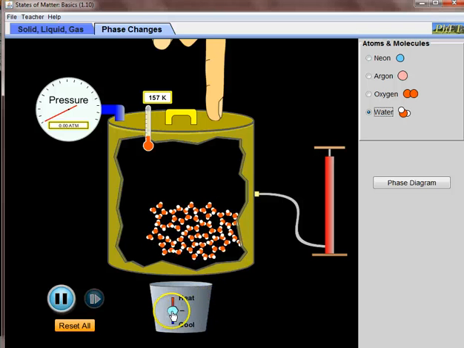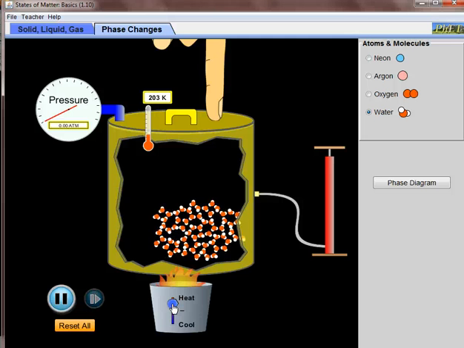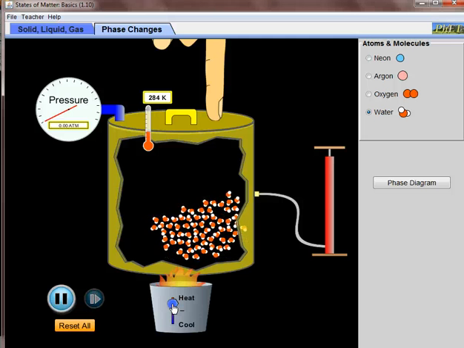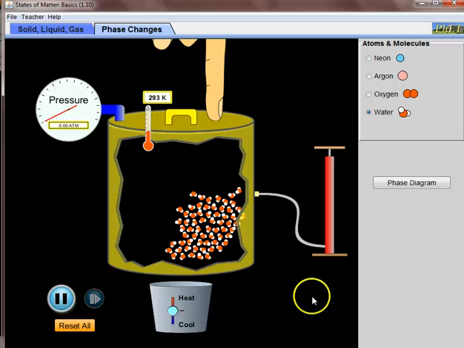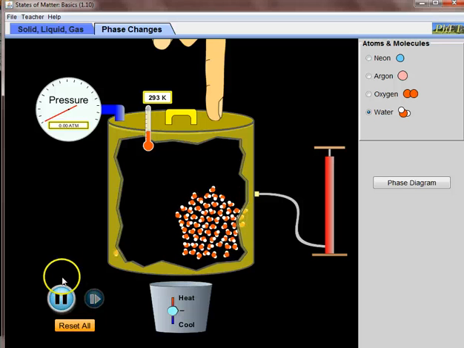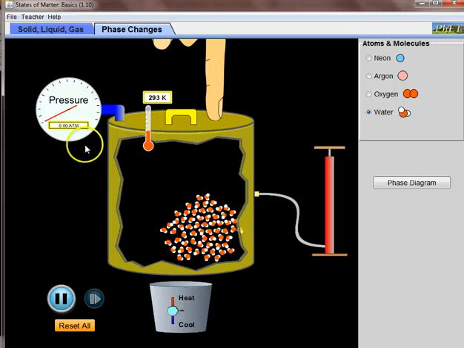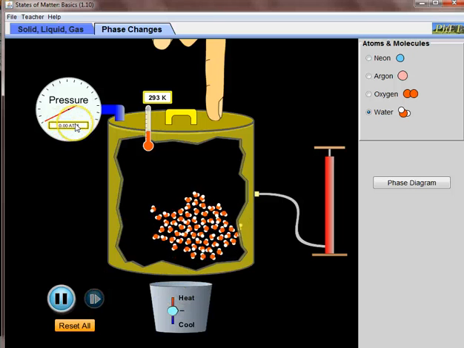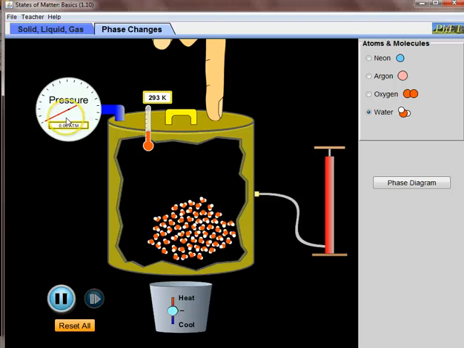Now if you increase the temperature, it turned into liquid. Still very few particles are hitting the wall of the container, which is causing no rise in pressure. Temperature has increased, but the pressure is still the same.